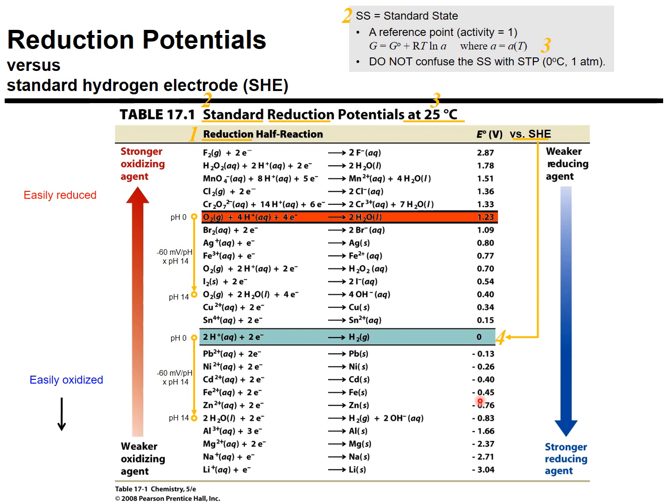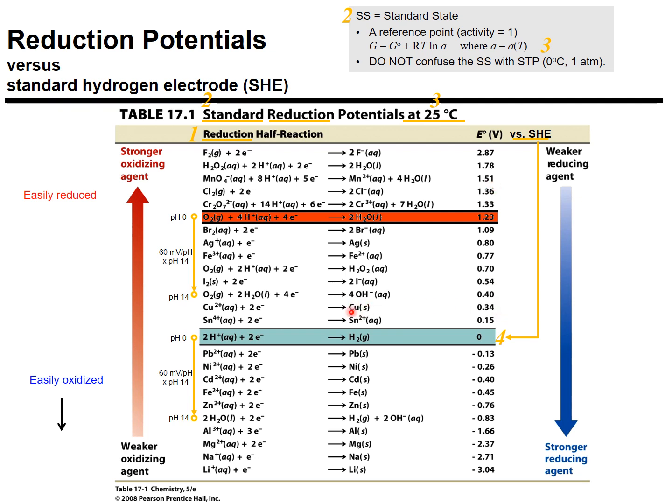The first point is about the reduction. I mean, the reaction is based on the reduction, not the oxidation. So on this reduction process, we have defined the values of the potential. So it is called reduction potential.